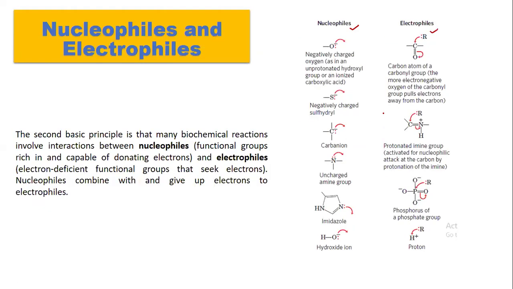So these are examples of some common nucleophiles, and these are examples of some common electrophiles inside living organisms. We will discuss it in more detail when we refer to an example where some nucleophiles are attacking electrophiles.